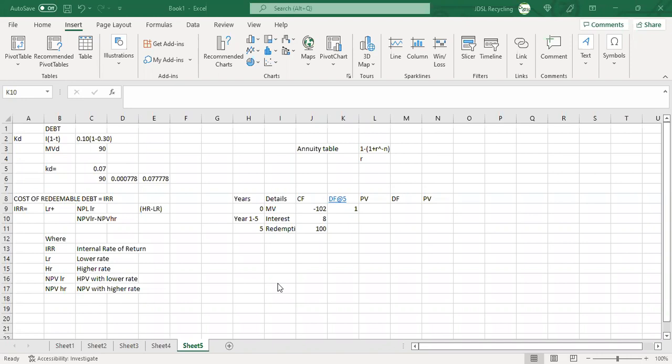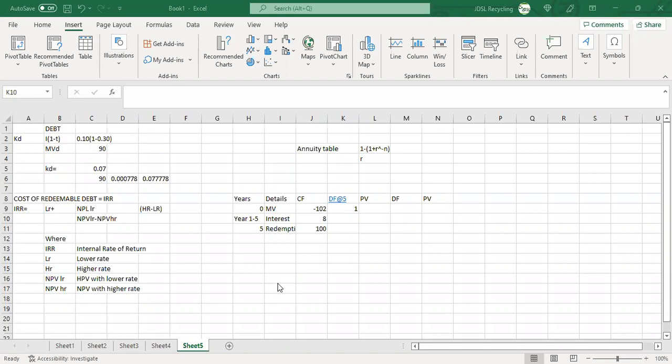All right. So what is our discount factor? Year 1 to year 5, annuity, 5%. We don't have an annuity table.